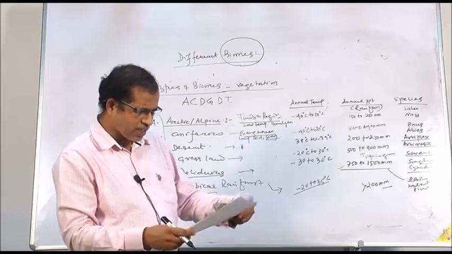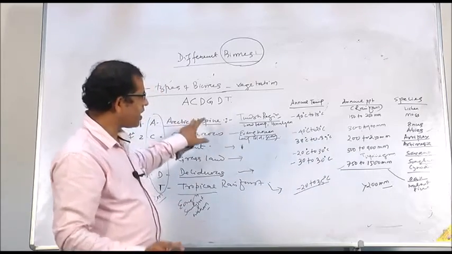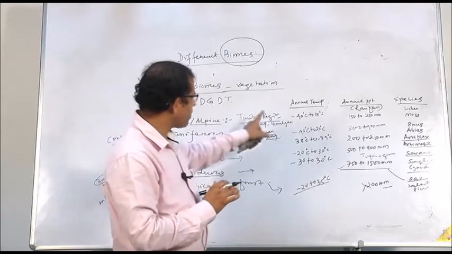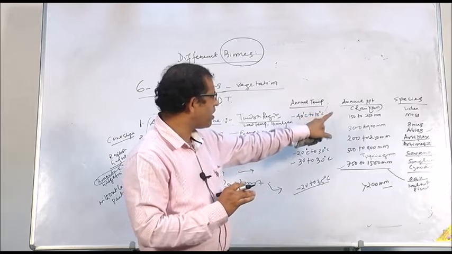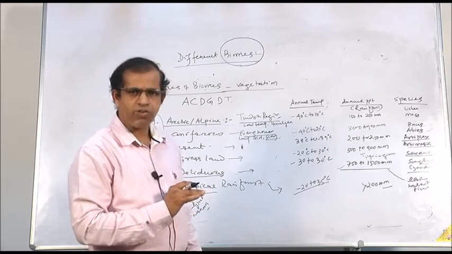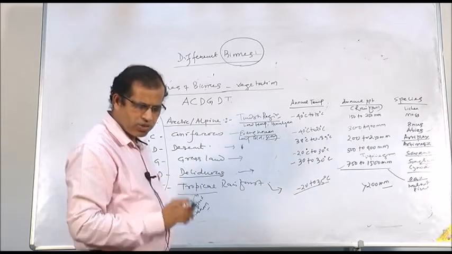Now, if you see this biome distribution with respect to annual temperature and annual rainfall, one graph is there that can be explained to you.